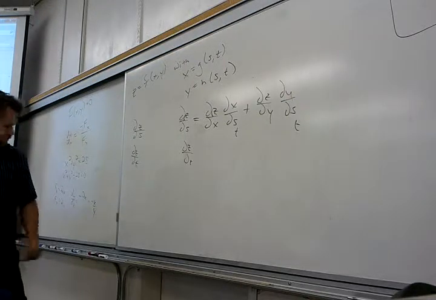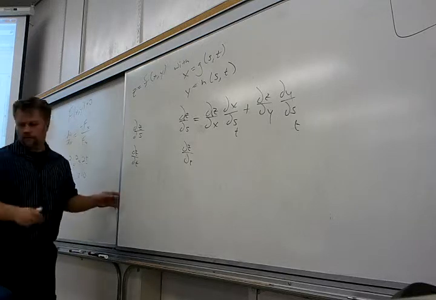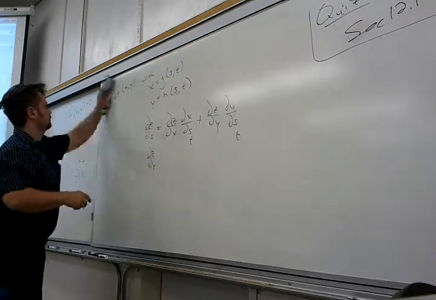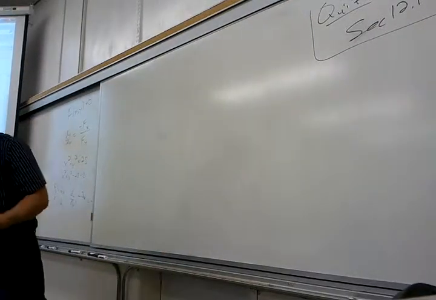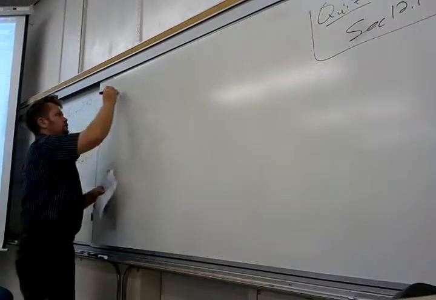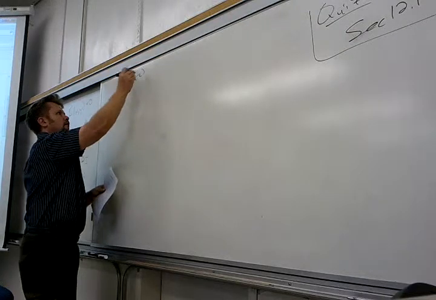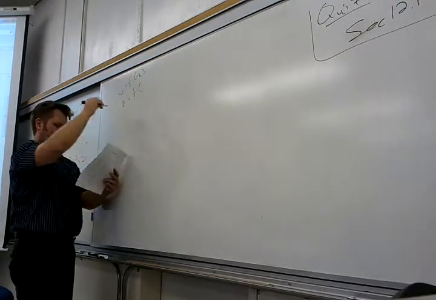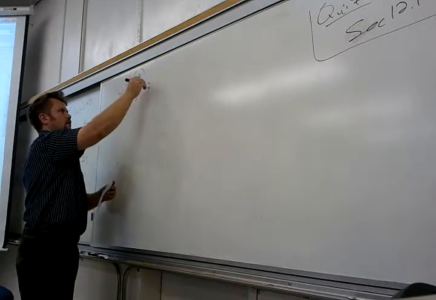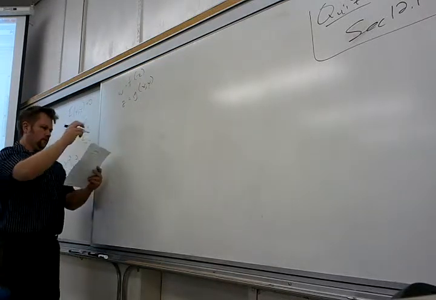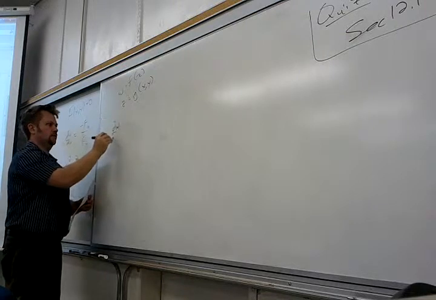If I want, they give me w is a function of z, but z itself is a function of x and y. So dw dx.